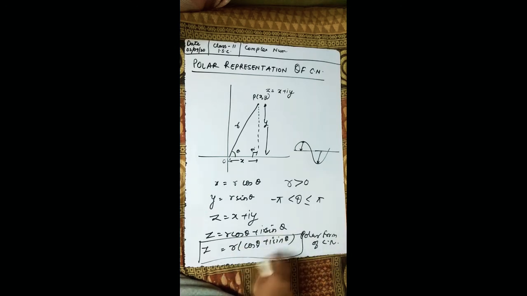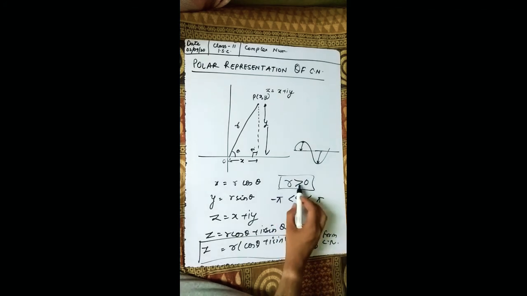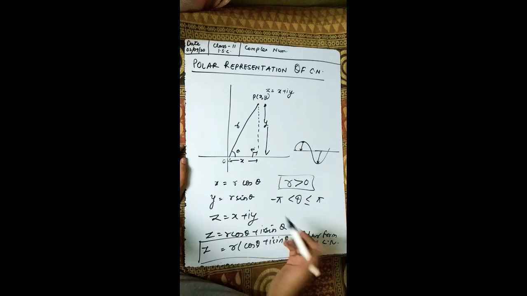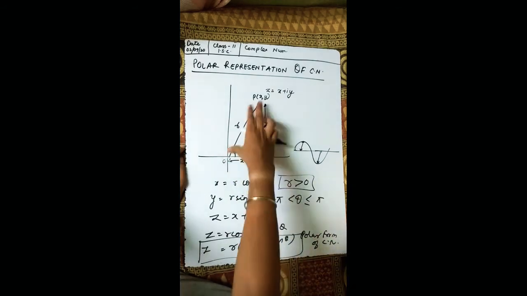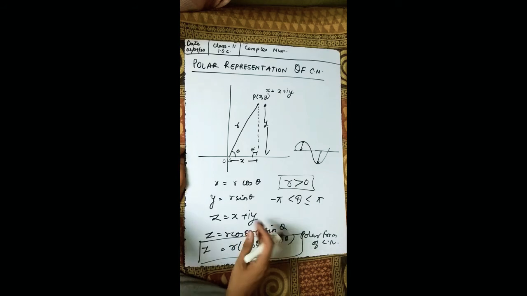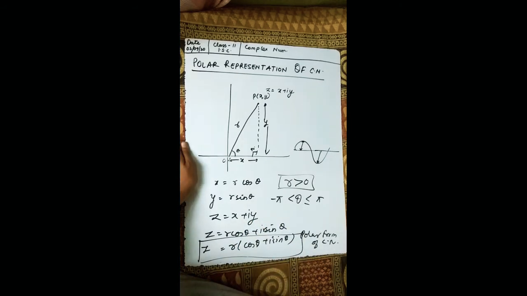You cannot put 0 in this form, because you already have the condition that your r is greater than 0. You know, this is the distance, no? So distance cannot be negative, it should be greater than 0. That is why you cannot find the value 0 in this particular polar form.